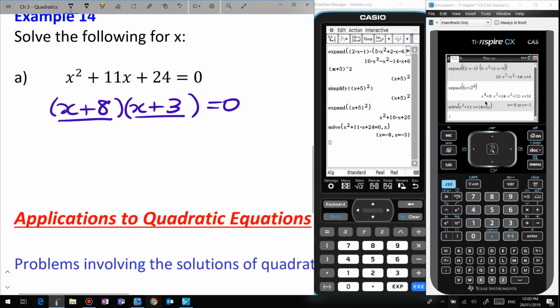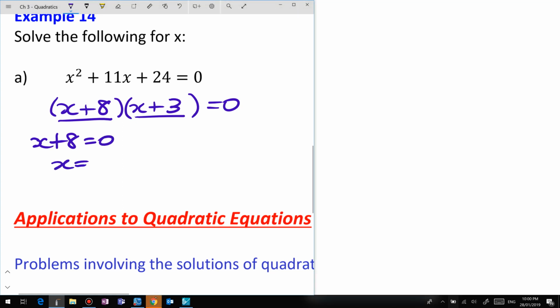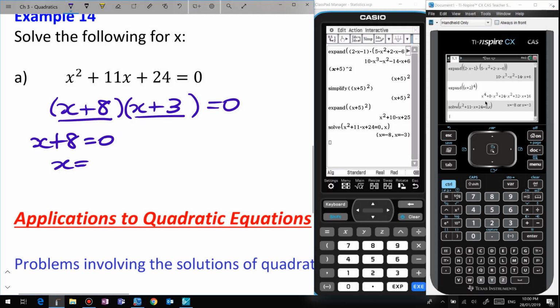So what we can do is we can say x plus 8, if I let that equal 0, I'll get x is equal to negative 8, and here if I say x plus 3 equals 0, x is equal to negative 3, which is the answers our calculator gave us.